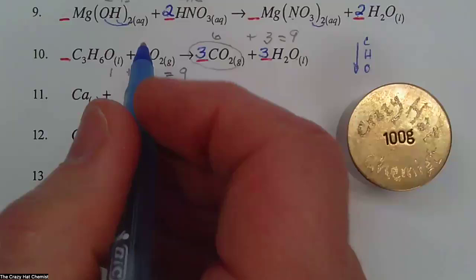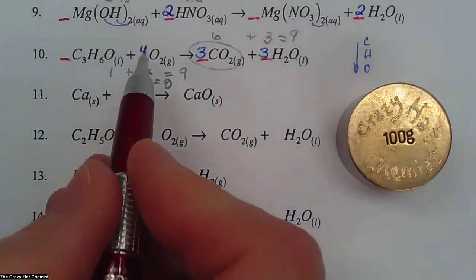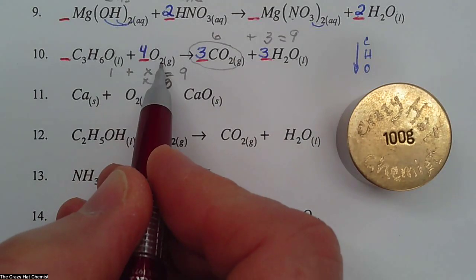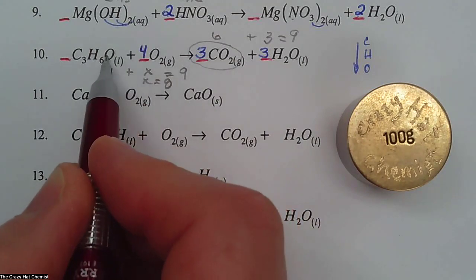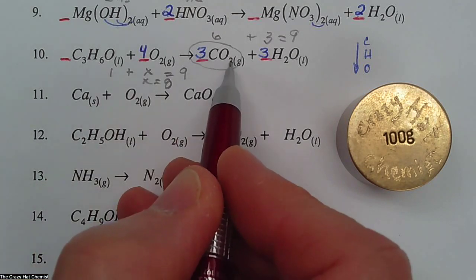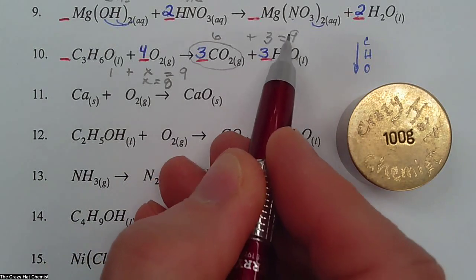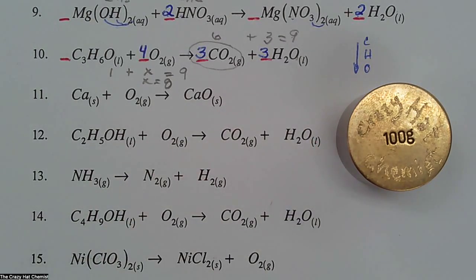What number gives me 8 oxygens? That would be a 4. So it's 4 times 2, that's 8, plus this 1, that's 9 oxygens. 3 times 2, that's 6, plus this 3 times 1, that's a total of 9 oxygens. Bammo, that one is balanced.